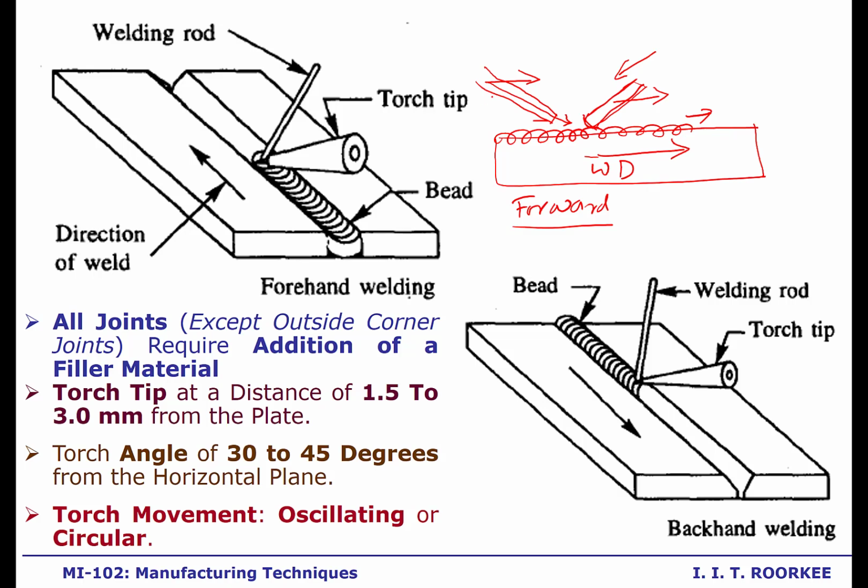In the first case, when the torch is inclined in such a way that the torch tip is pointed towards the welding direction, this is called forward welding. And when the torch is pointed in the direction opposite to that of the welding direction, then it is called backward welding.